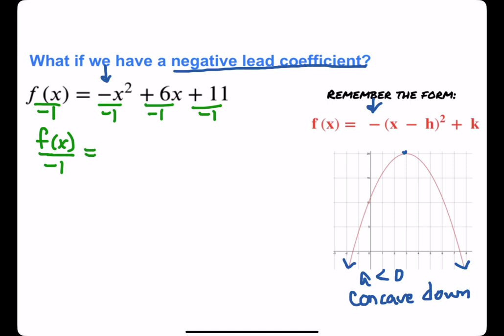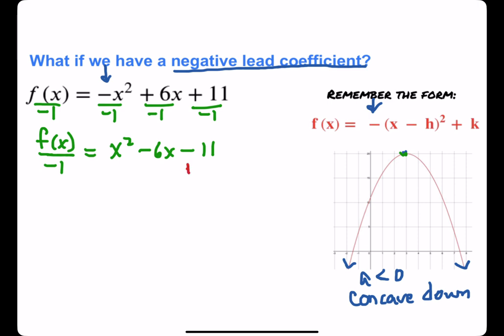And we do want to preserve it because we want to make sure when we graph this parabola, it is concave down. So the good thing is -x squared divided by -1 is x squared. The rest of the trinomial changes signs. 6x becomes -6x. 11 becomes -11. But we're not worried about that. We want our lead coefficient to be +1, and now it is.